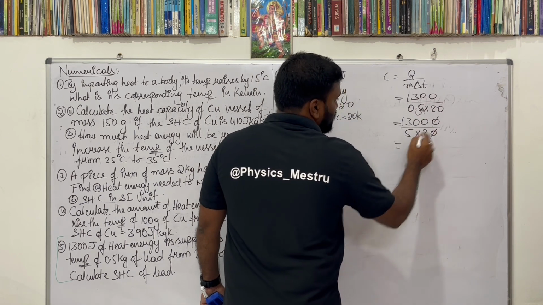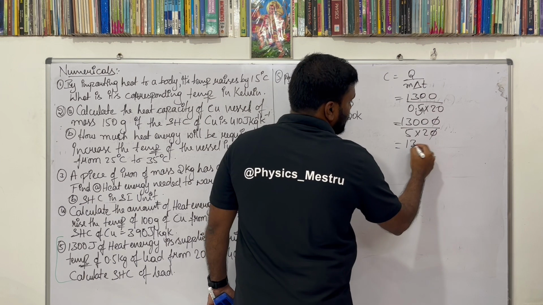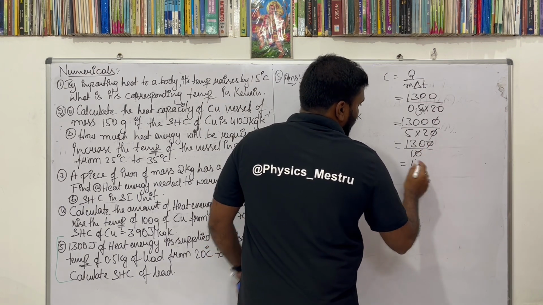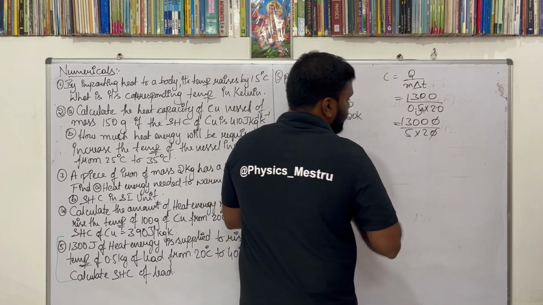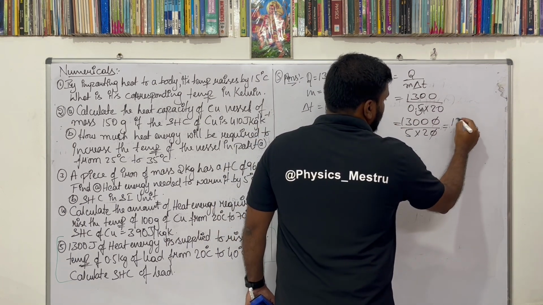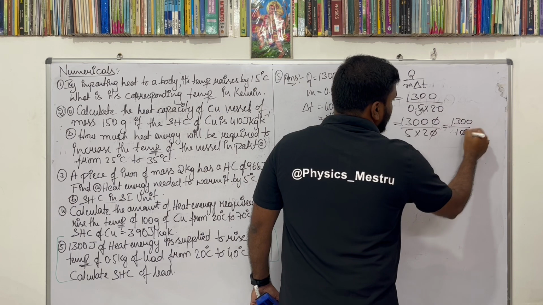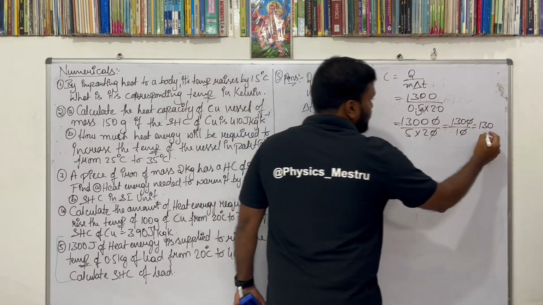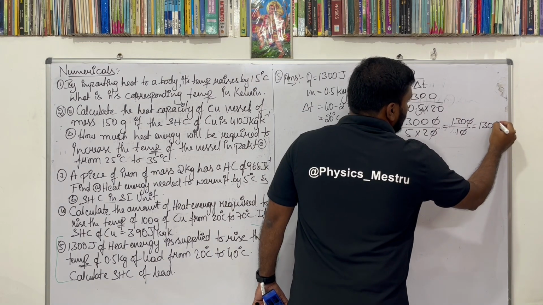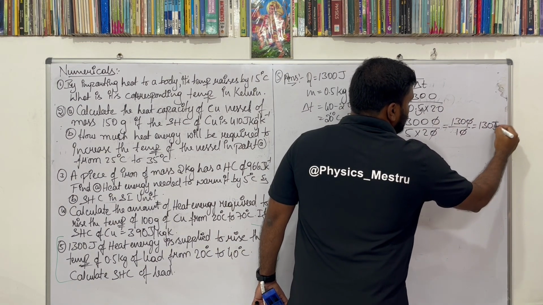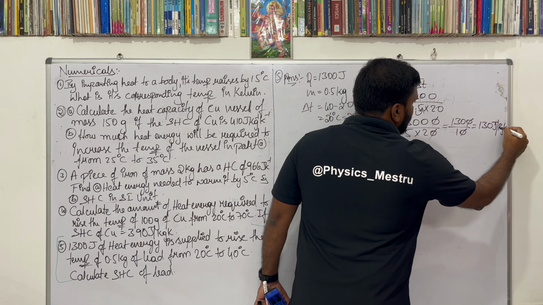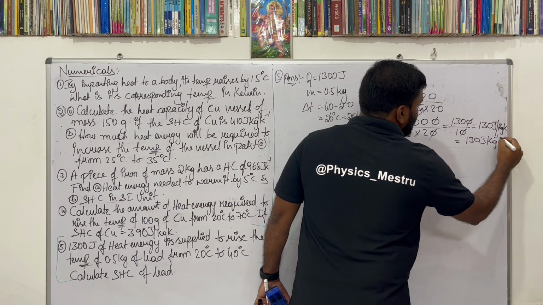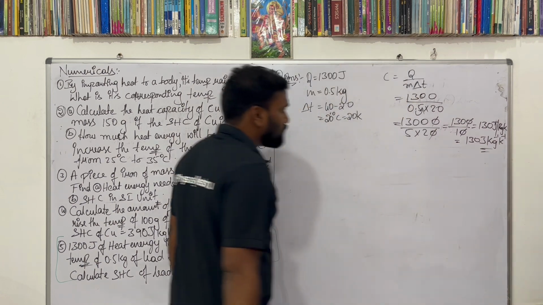Here once again the 00 gets cancelled, 5 twos are 10, so 1300 divided by 10, once again it gets cancelled, 130. We are finding out specific heat capacity, hence the unit will become joules per kg Kelvin. So I will write here 130 joules per kg Kelvin. So this is the simple answer.